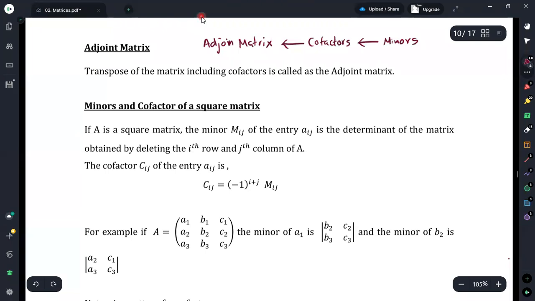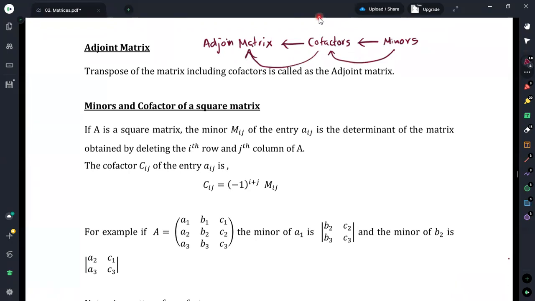Therefore, if you need to obtain the adjoint matrix, first we need to obtain the minors of that matrix, then using the minors we can obtain the cofactors, and thereafter using the cofactors we can simply obtain the adjoint matrix. This is the process of obtaining the adjoint matrix for a given matrix, and we obtain the adjoint matrix for square matrices, and therefore we will discuss obtaining minors and cofactors for square matrices.